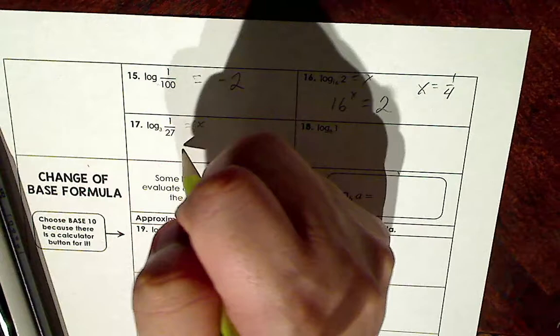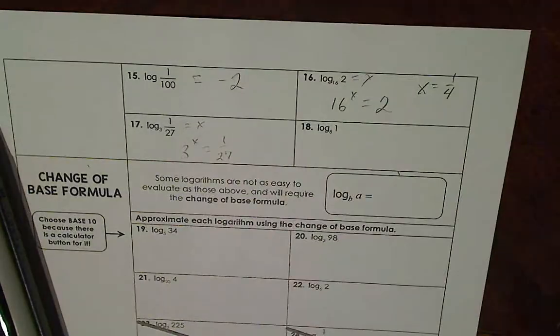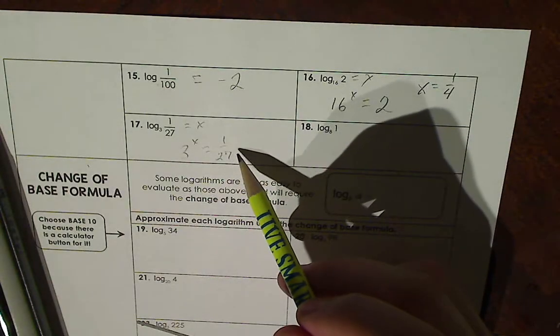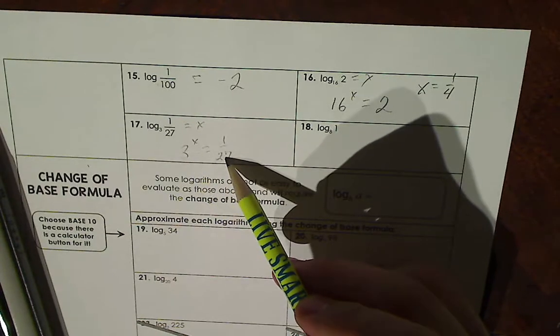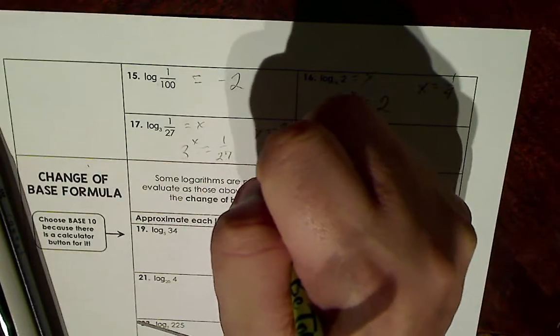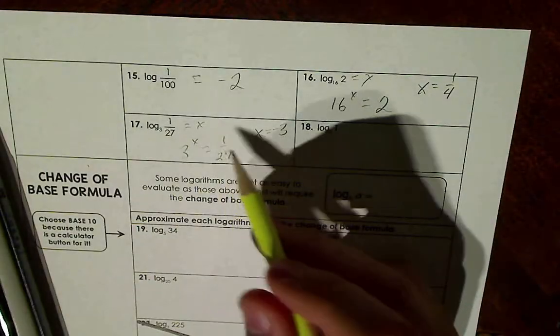3 to what power is equal to 1 over 27? I know that 3 to the 3rd power is 27, so x has to end up being -3 by rules of exponents. Negative exponents produce fractions like 1 over 27.